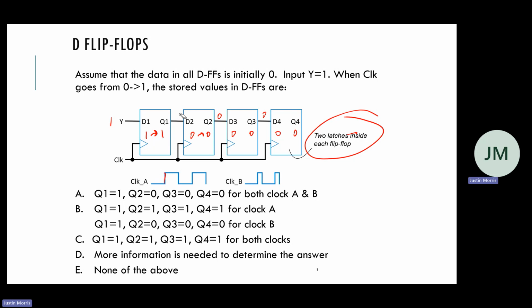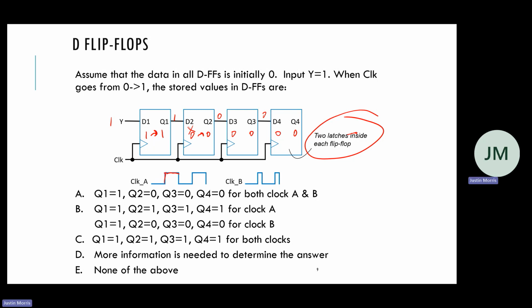And although this changes to 1, we are now at the positive part of the clock, right? This one is disabled. It's holding the 0. So it's not letting the 1 through.